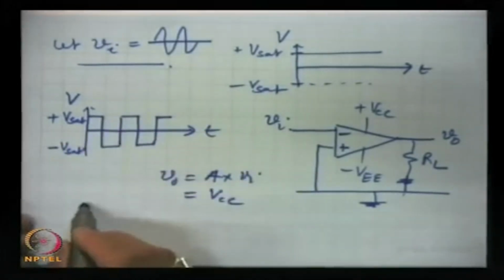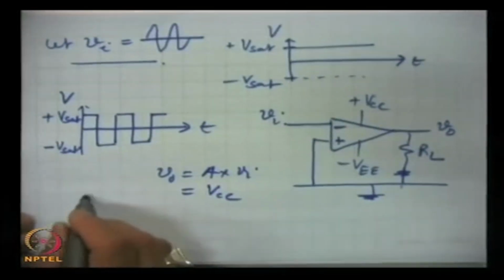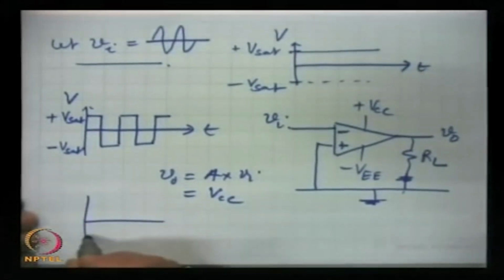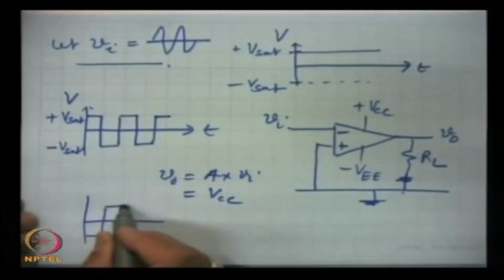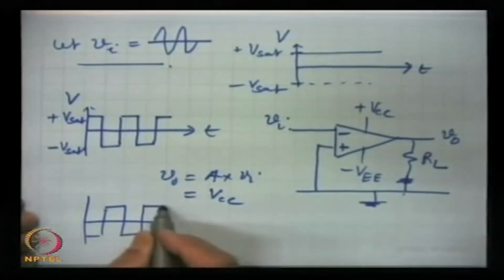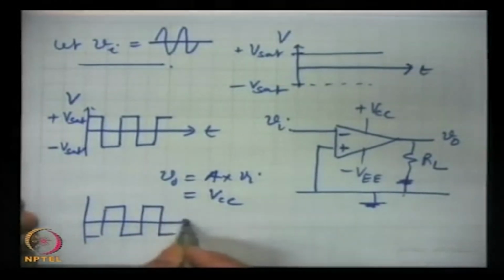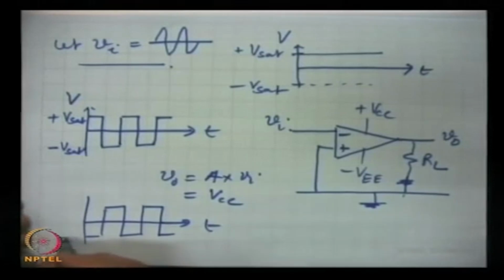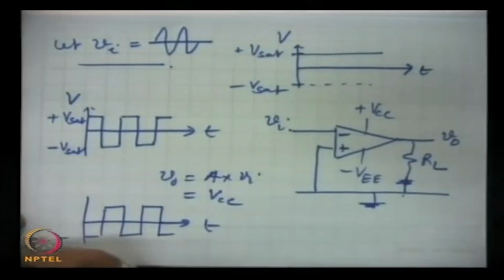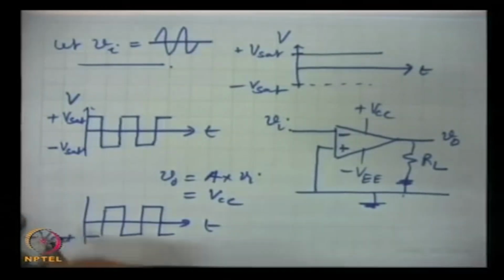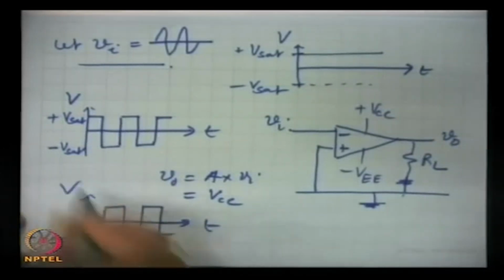That means it will be like this. This is time, this is minus Vsat, plus Vsat, and this is voltage.